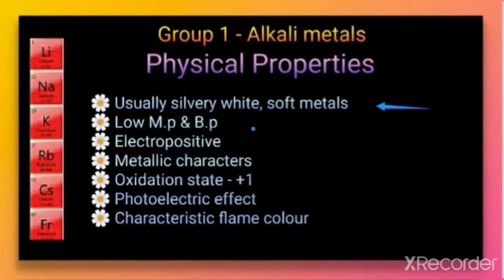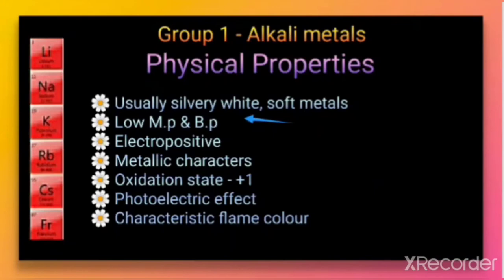When we write the electronic configuration, it is very clear that only a single electron is there in the valence shell. Because of this, they have very weak metallic bonding, and because of this only, they have very low melting and boiling points.